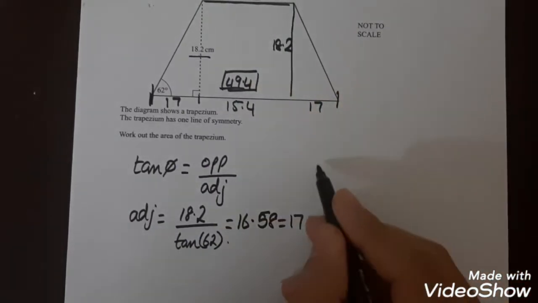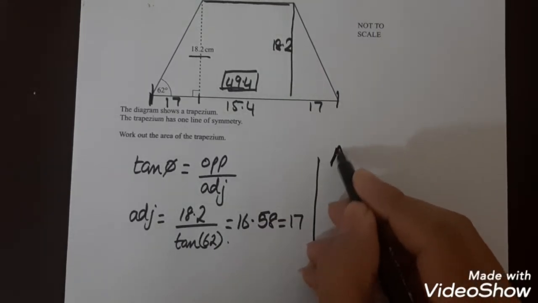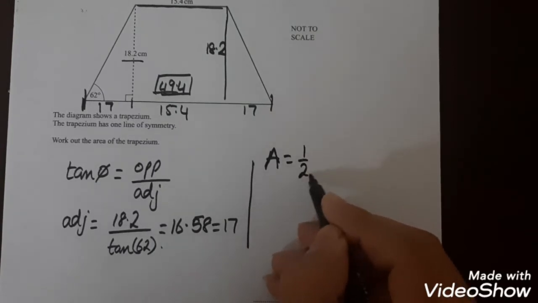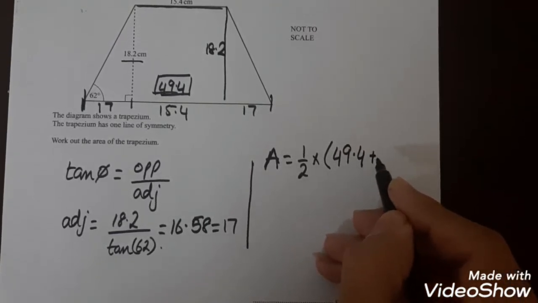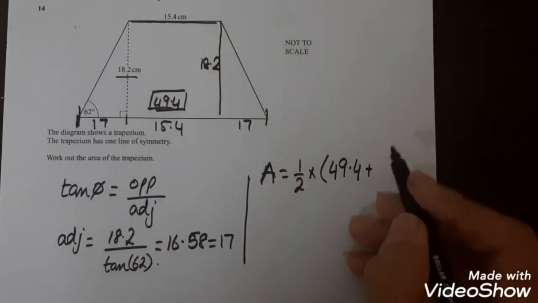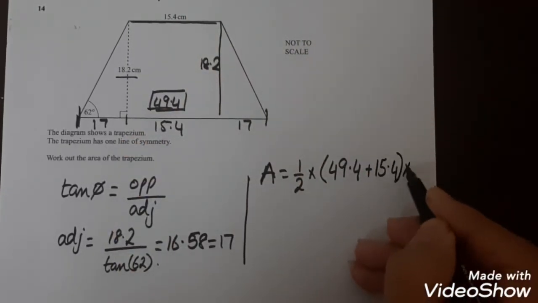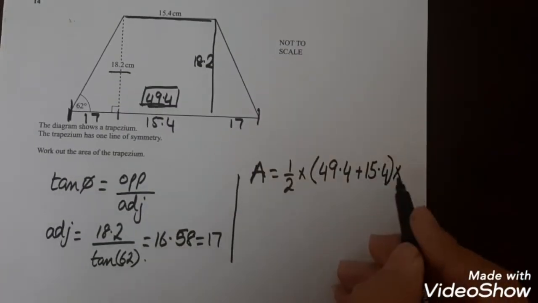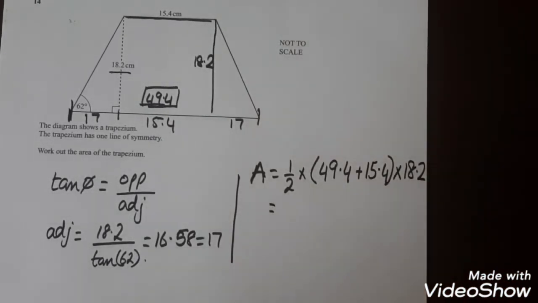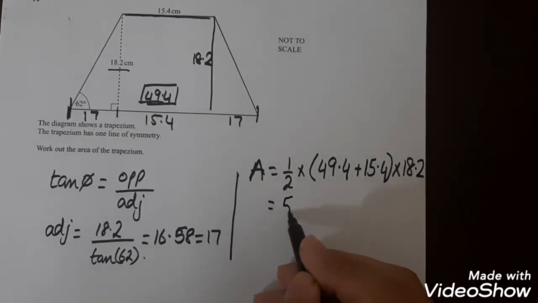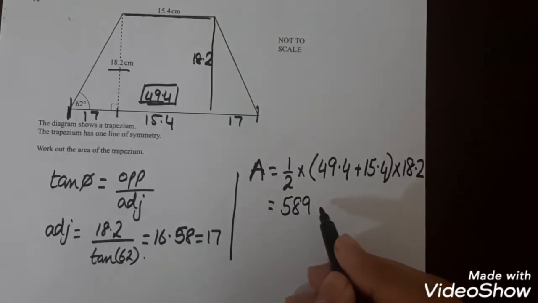Then we will calculate the area, which is A equals 1/2 multiplied by (49.4 plus 15.4) multiplied by the height, which is 18.2 centimeters. Using the calculator, 49.4 plus 15.4 multiplied by 18.2 divided by 2 will be 589 centimeters squared.